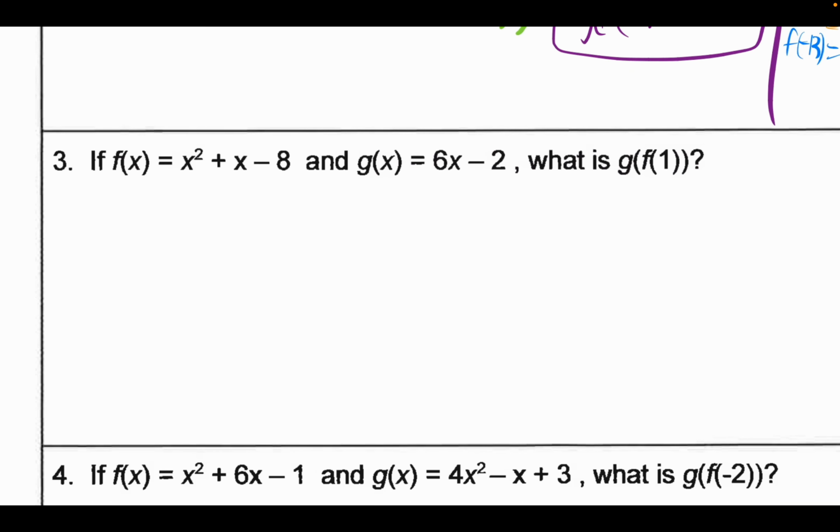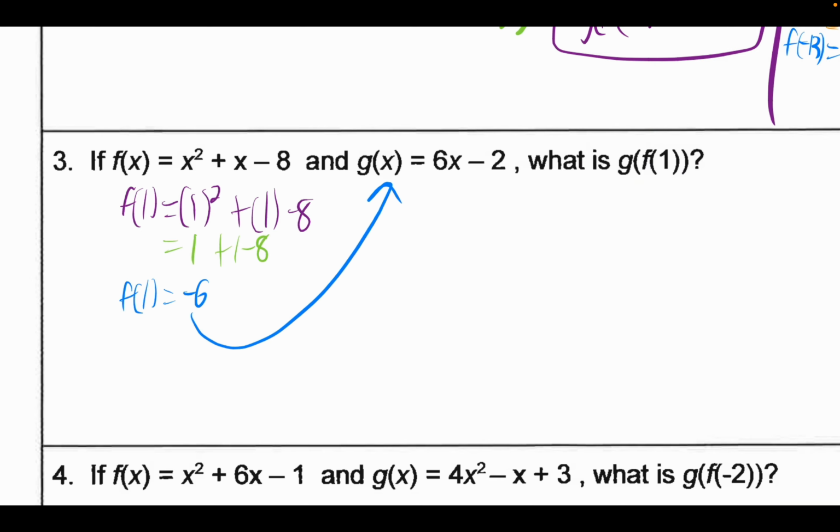On number 3, we're doing g of f of 1. So we'll take 1, plug it into f, plug that result into g. So f of 1 is equal to 1 squared plus 1 minus 8. So that's 1 plus 1 minus 8. So f of 1 is equal to negative 6.